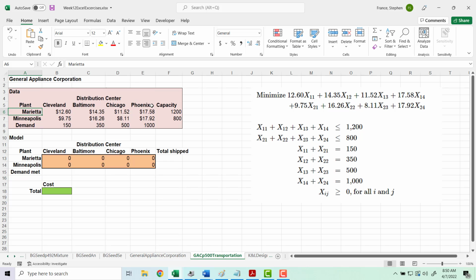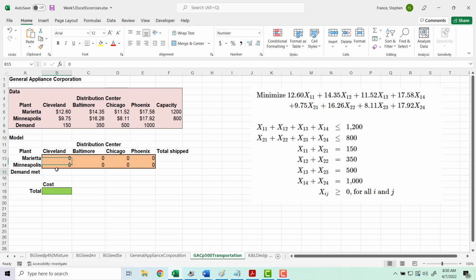But the idea is we need to balance the whole thing. So we're basically trying to minimize our cost with our capacity constraints and also the constraints that we need to send a certain amount to each of these distribution centers.